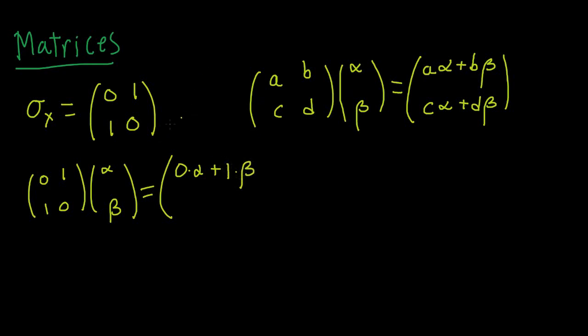Okay, looking good so far. Okay, then down here, right, we have c times alpha. But c is 1, you can see c is 1. But d, right, d times beta, d is 0. 0 times beta. So this is equal just to the vector with components beta alpha, just as we wanted.